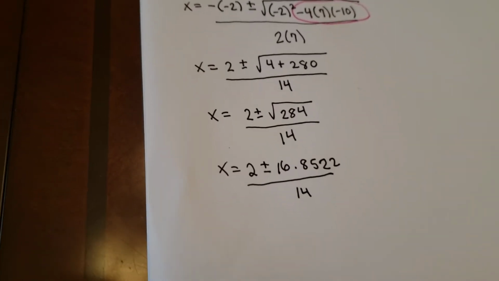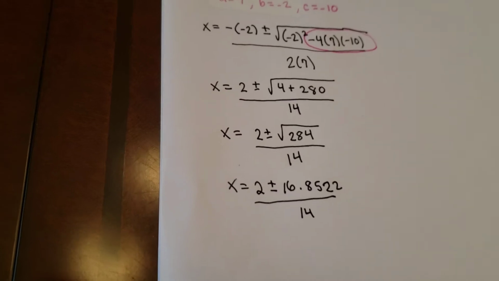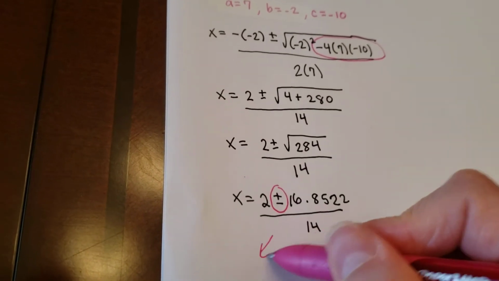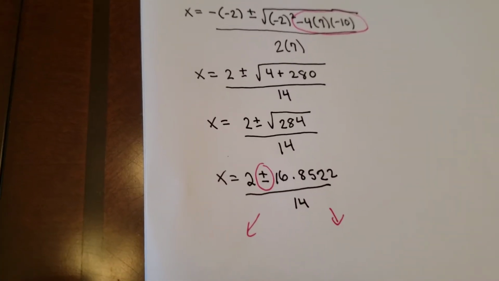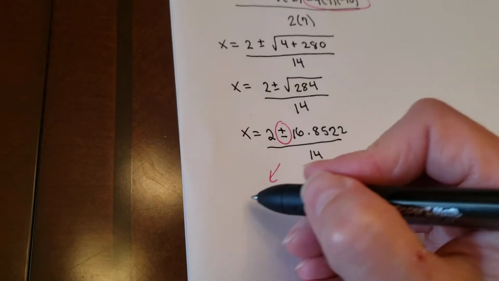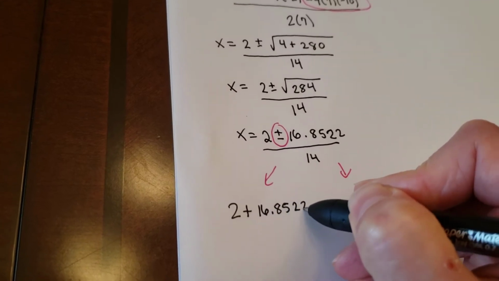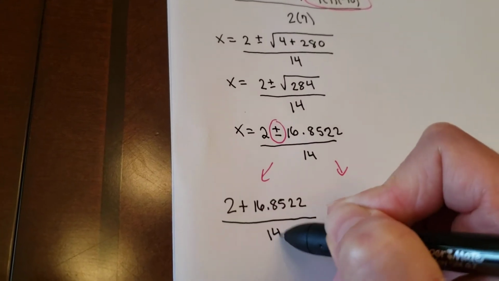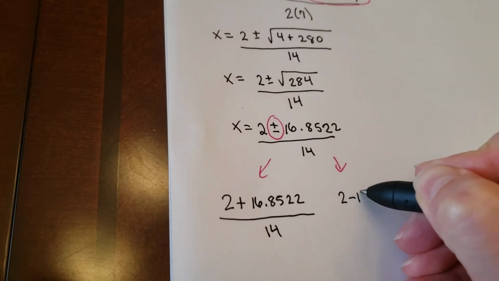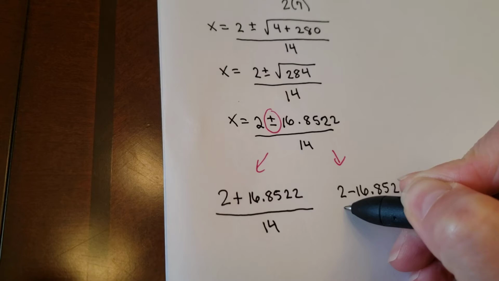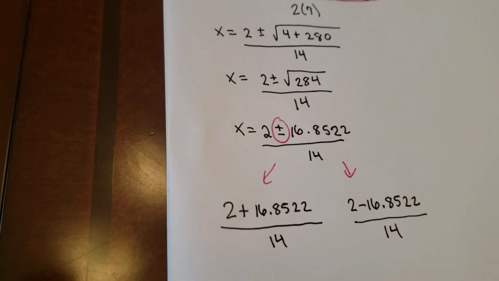And now remember, when doing these, you need to write it twice to incorporate the positive and negative of the number. So the first time I do it, I will put 2 with a positive 16.8522 over 14, and then I'll do it with the negative 16.8522 over 14.